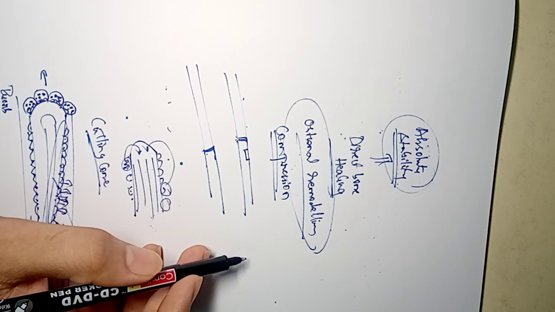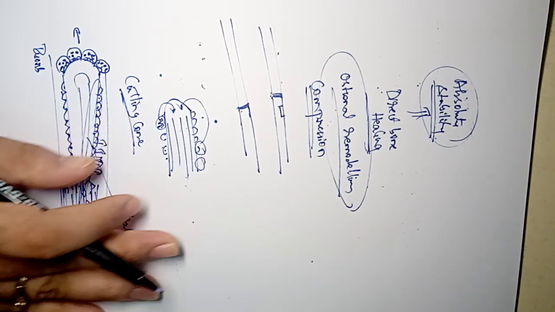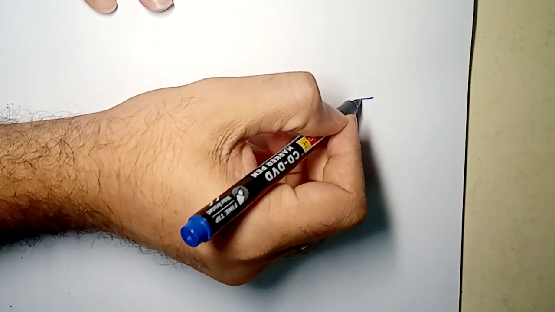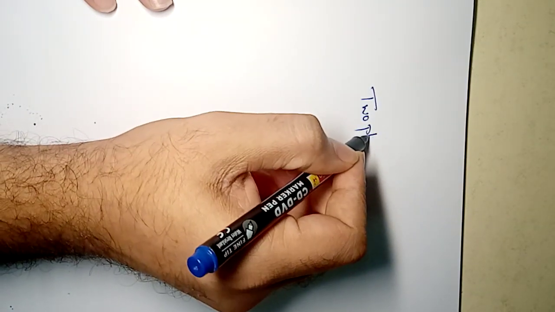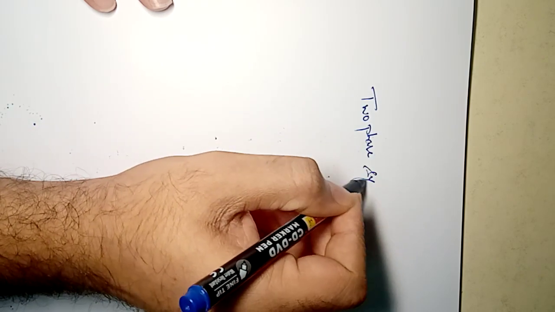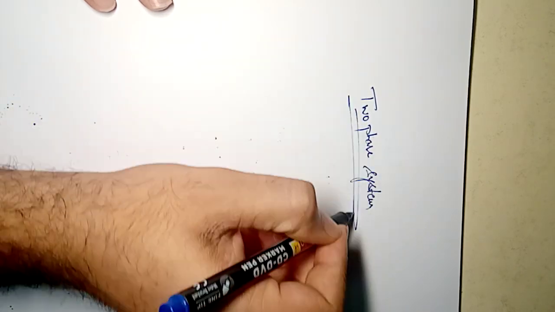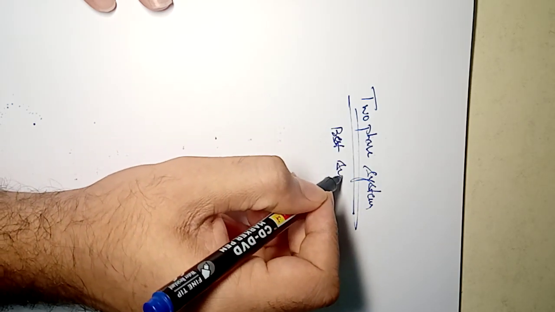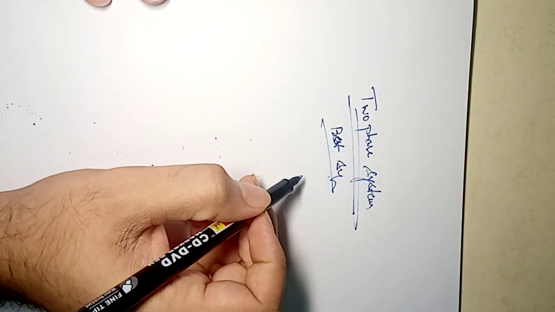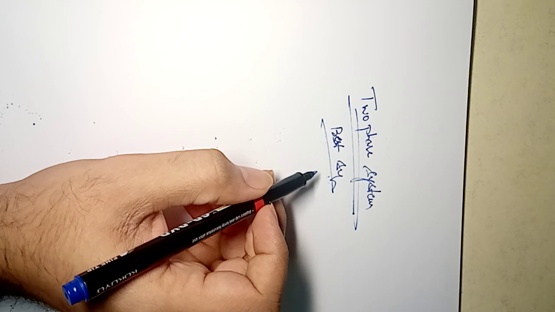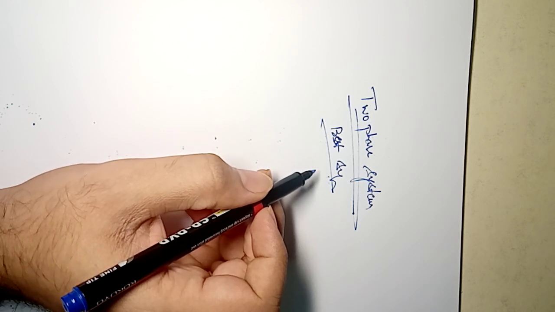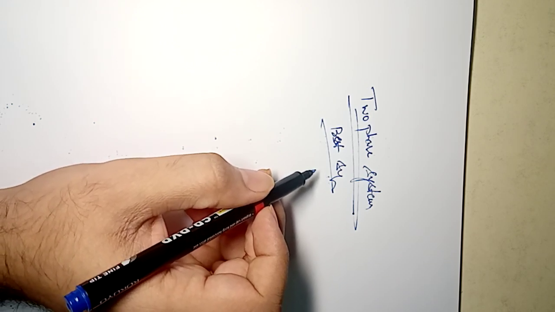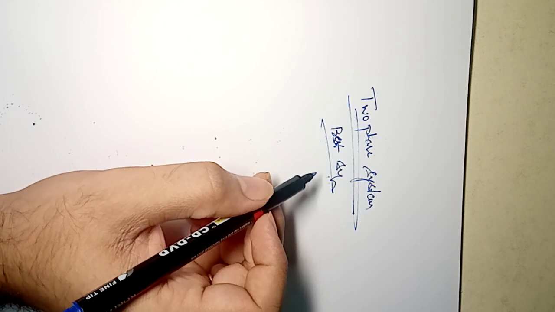For completion's sake, I'll just say one or two words. The two phase system we have is the best system to handle the stresses, because one is very stiff, that is the mineral phase, and the other one is less stiff.